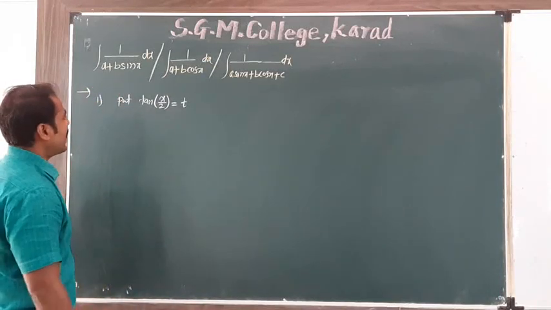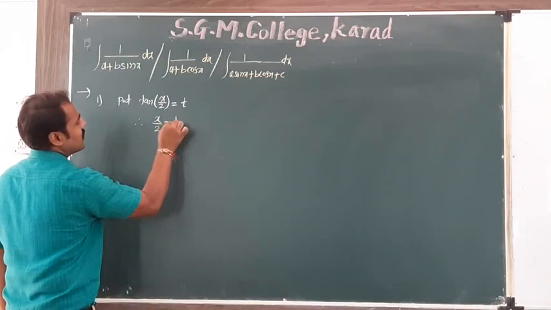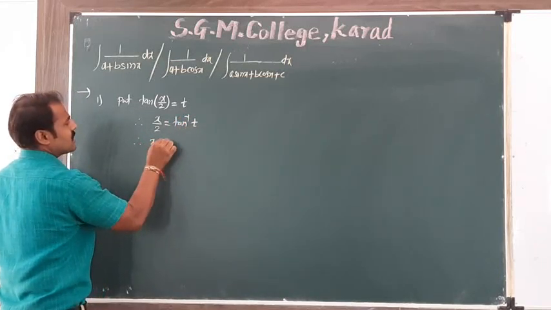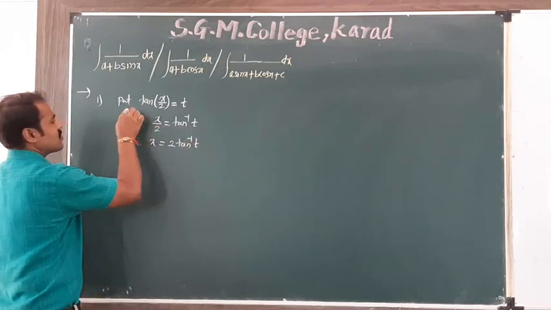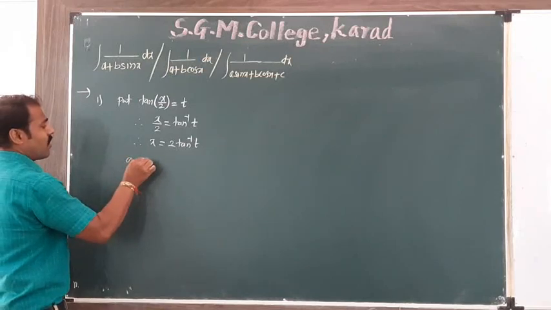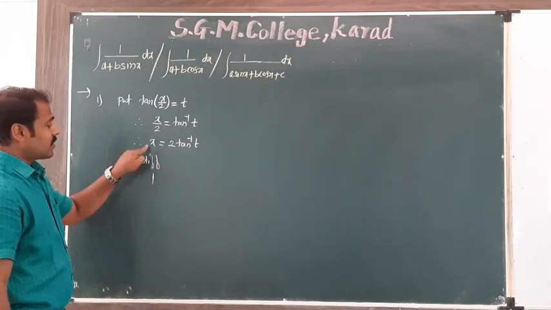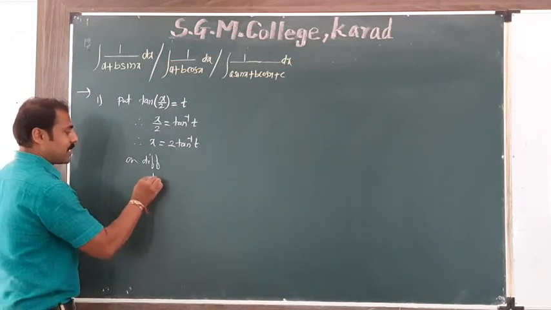Put tan x by 2 is equal to t. Therefore, we get x by 2 is equal to tan inverse t. Therefore, x is equal to 2 tan inverse t. After substituting, we differentiate. On differentiating, derivative of x is 1. Since it is differentiated with respect to x, multiply it by dx.